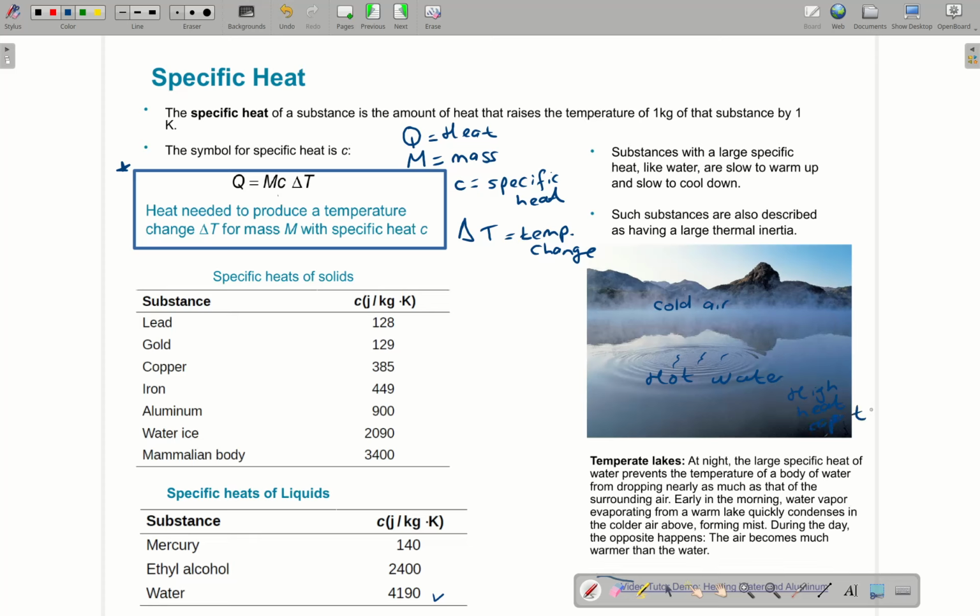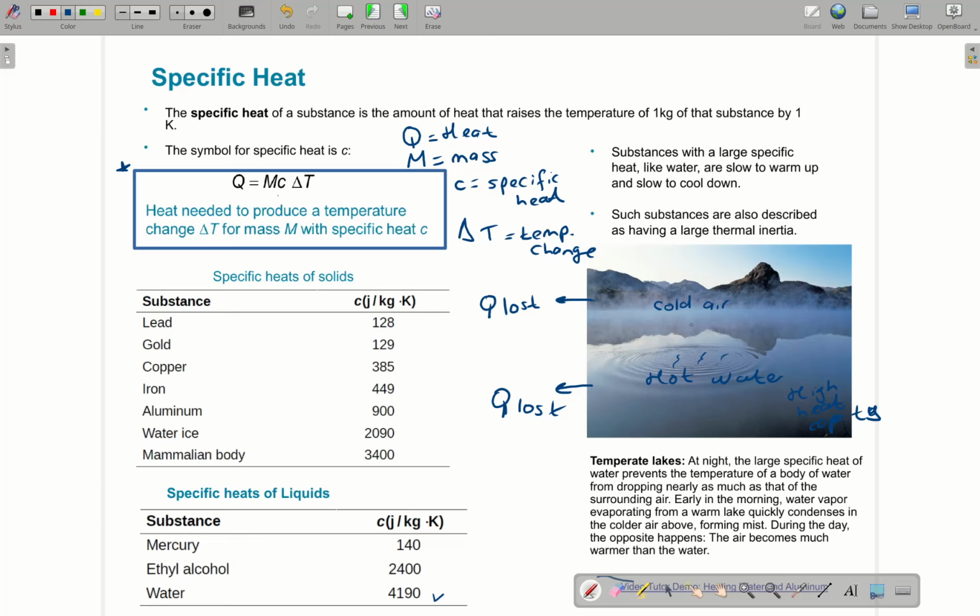Although temperature drops for air, it doesn't drop for water as much. At night, some heat is lost from the water. Also, the same heat is lost from the air, because temperature drops. But temperature drops more significantly for air than water.